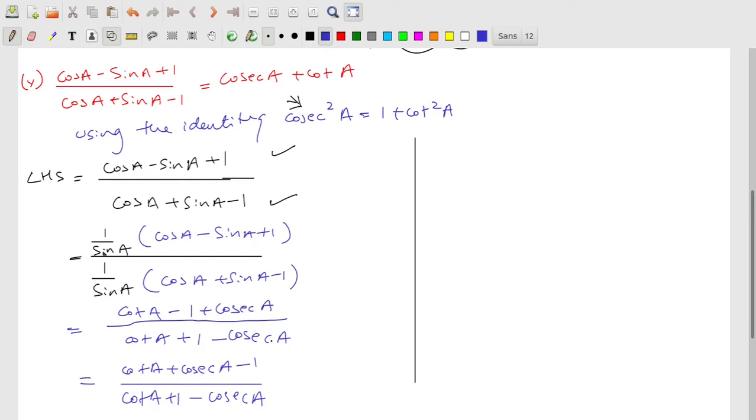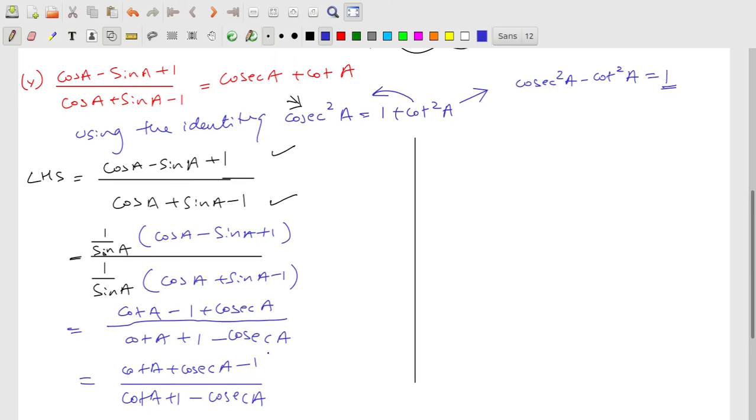In the next step we will use this identity. This same identity can be written as cosecant square A minus cot square A is equal to 1. Okay, fine. So this 1 can be replaced by this expression.